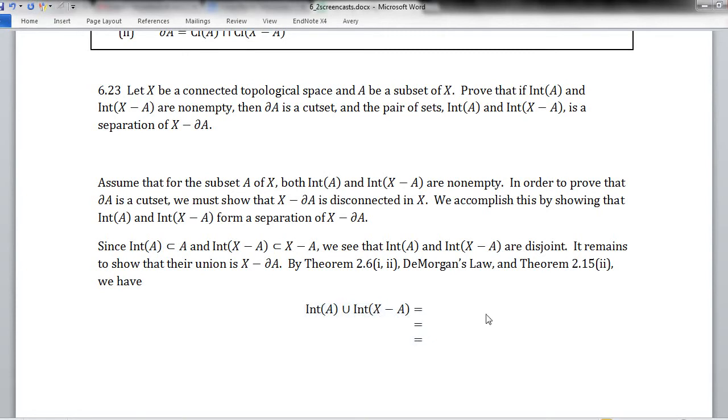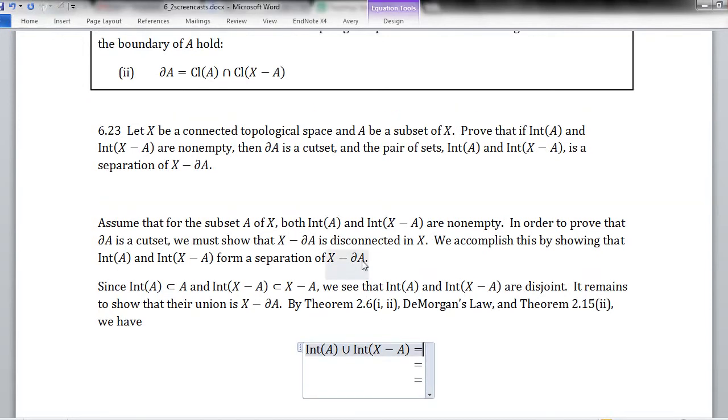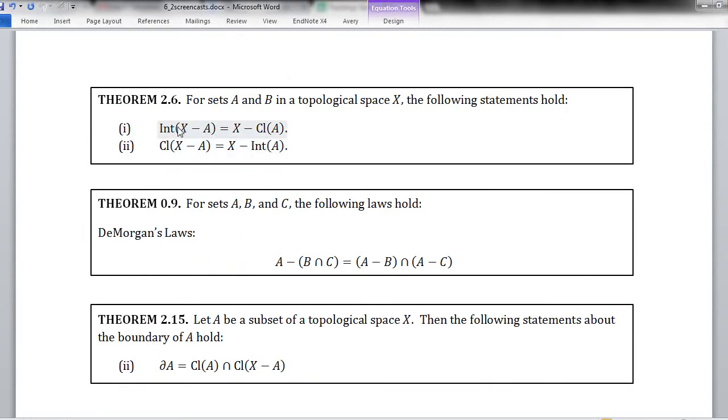So, all right, what does the first theorem give us? Well, that's the one that says that the interior of the complement of A is the complement of the closure, and vice versa.